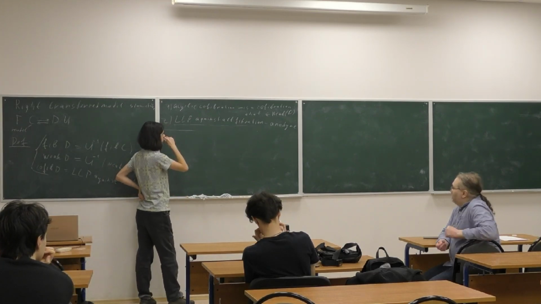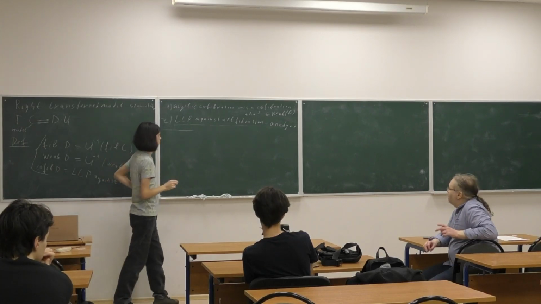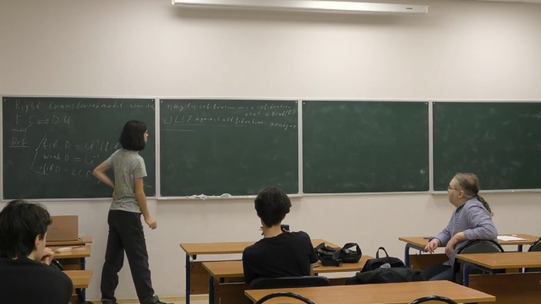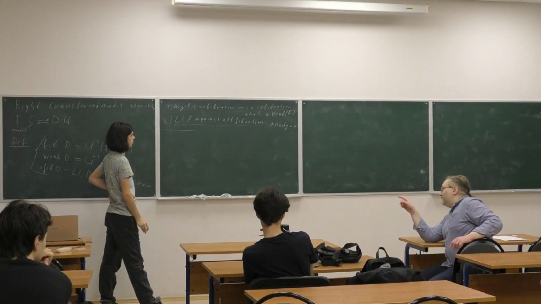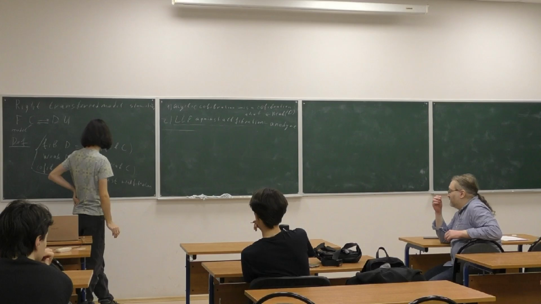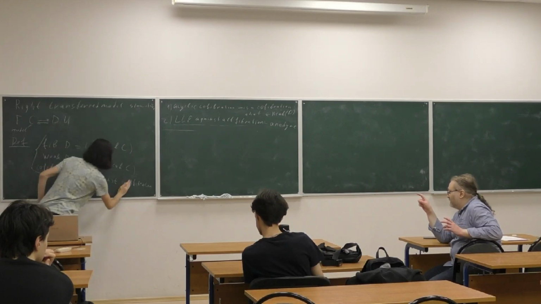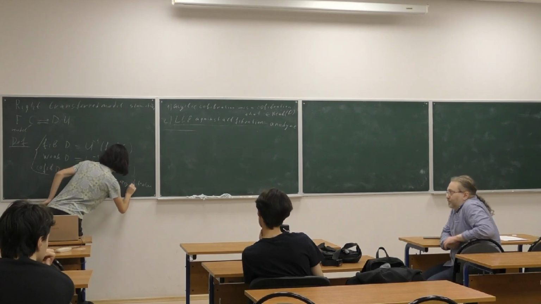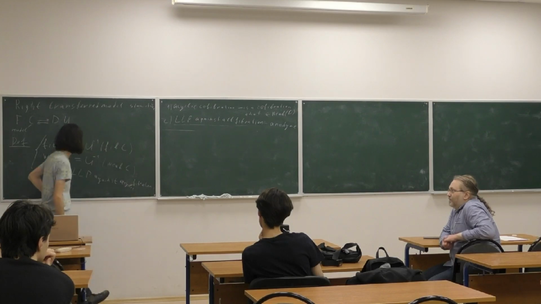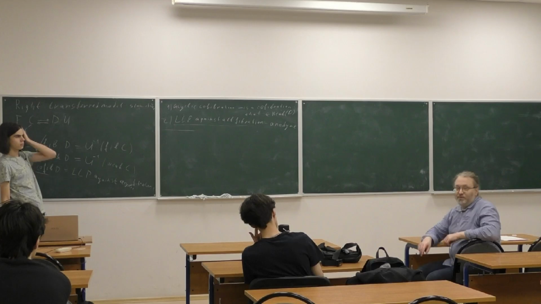So the left lifting property against all fibrations, that's the second one, and the first one, left lifting property against acyclic fibrations. So once again, let's replace weak with acyclic. Does everyone understand the difference between 1 and 2?